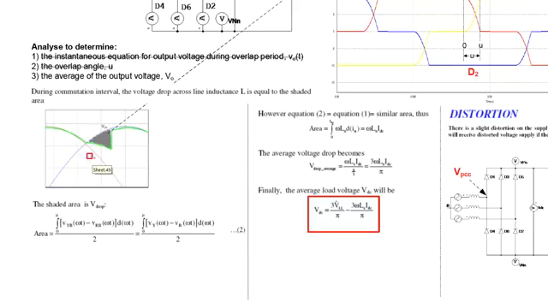So this is your VRB, and this is VYB. So what the equation does is you integrate the whole thing, and you get this area.